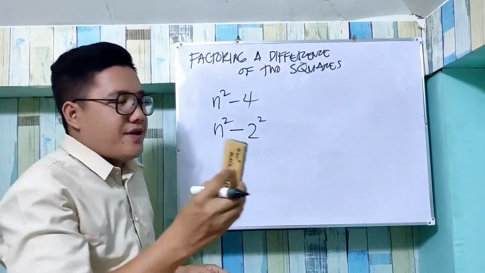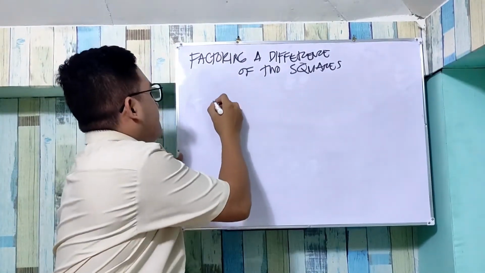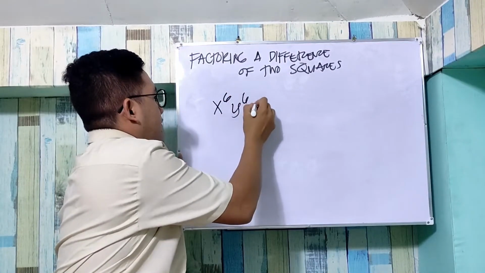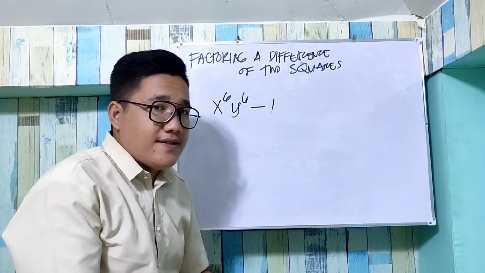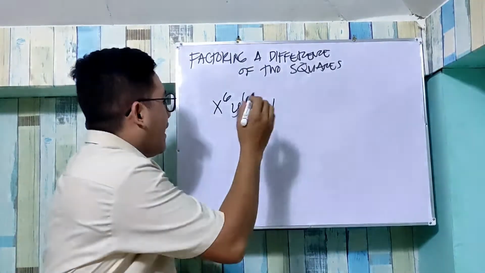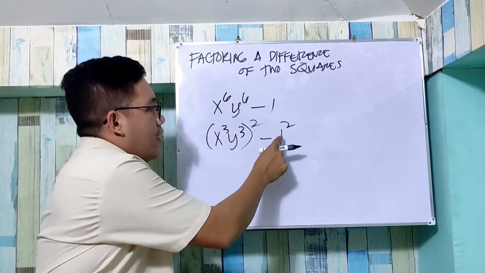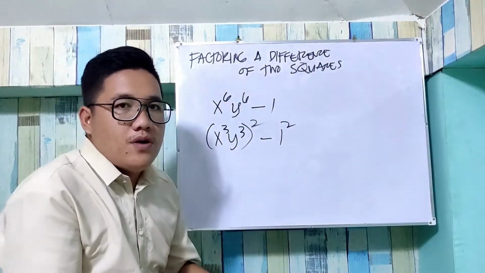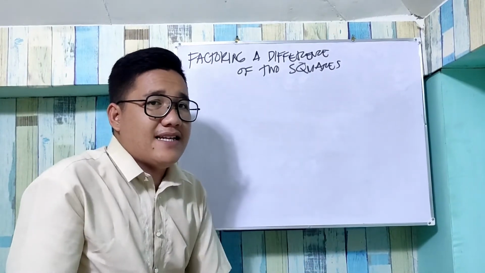How about this one, another example? Is this a difference of two squares? Yes. Why? So x, 2 times 3 is 6, and 1 raised to 2 is equal to 1. That is an example.